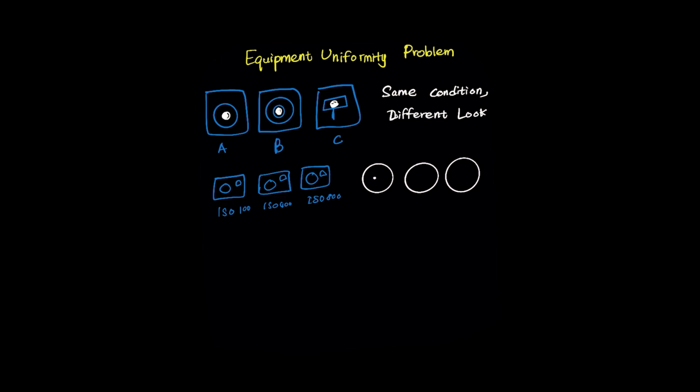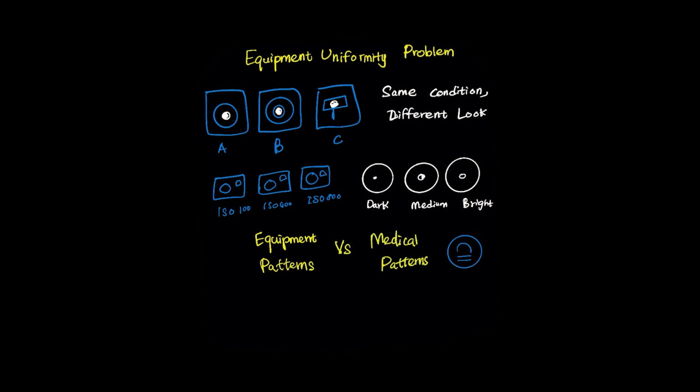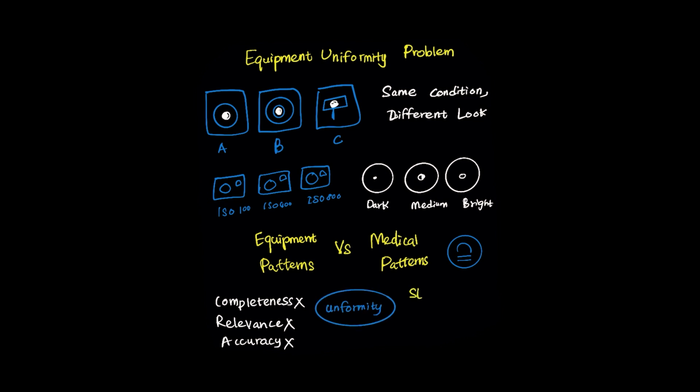The same scene looks different in each. This lack of uniformity means the AI learns equipment-specific patterns rather than true medical features. Completeness would affect missing data equally across equipment, temporal relevance relates to data age, and accuracy affects all equipment similarly. Only uniformity explains why the model works well on familiar equipment, but fails on different manufacturers' outputs.